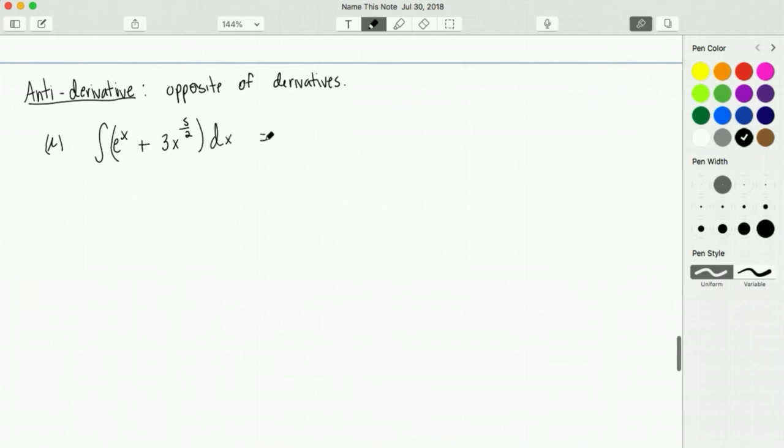Now for this one, we're going to use the first rule that we talked about, which is that we can do the integral separately. We're also now going to take into account that we can take constants out of the integrals.